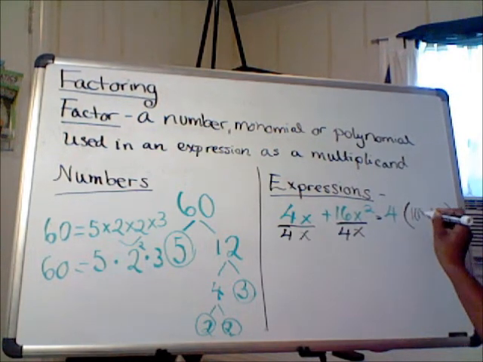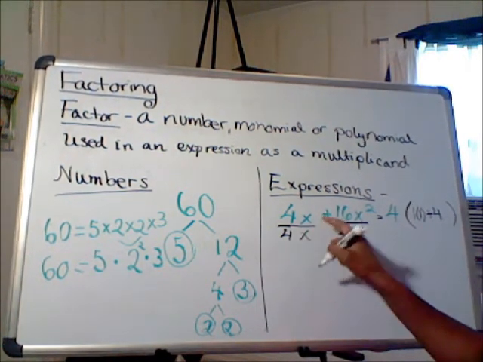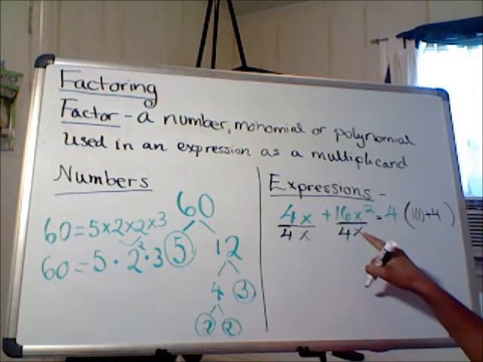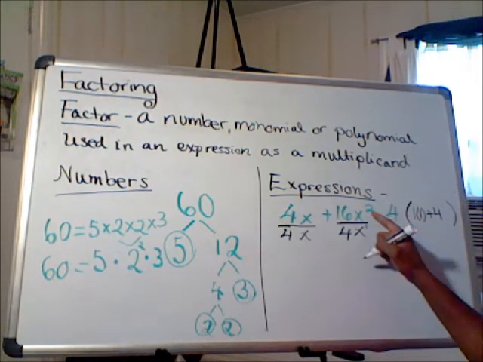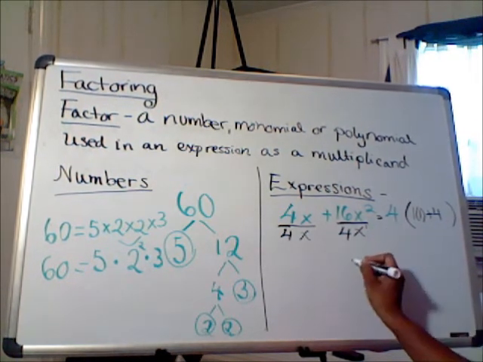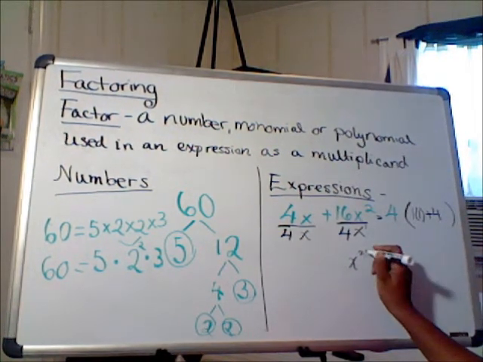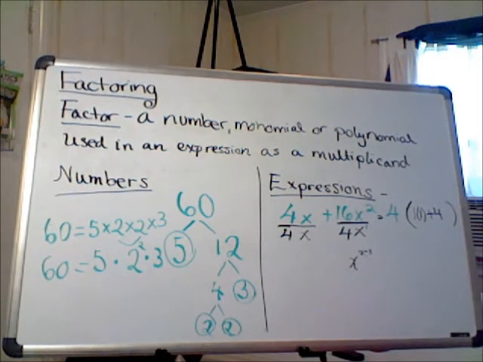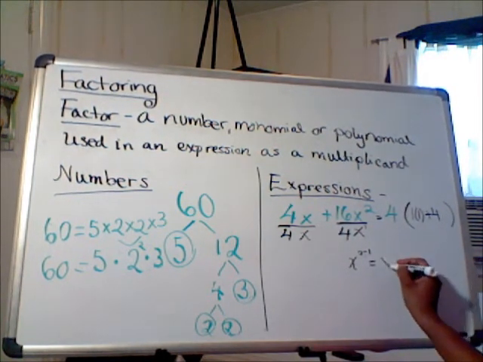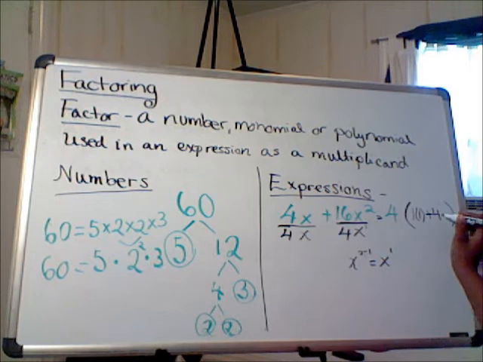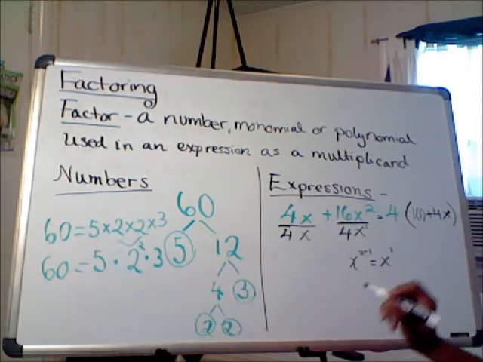So it's going to be 1 times 1. x squared divided by x, you subtract your exponents. x to the 2 minus 1. Whenever you divide variables, you subtract the exponents. 2 minus 1 is 1. So I am left with an x right here.